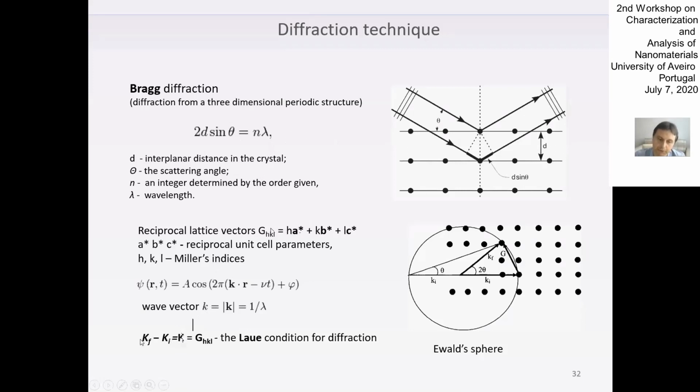The K vector, which is the difference between incident and scattered, is equal to G, a parameter of the lattice in reciprocal space. And the Ewald sphere is an imaginary interpretation of diffraction in reciprocal space, but it's really important, I mean, this representation of the parameters of the unit cell in reciprocal space.